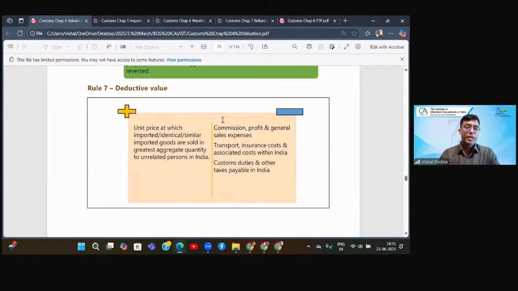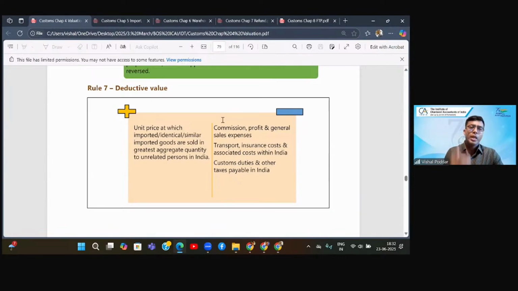Now 7 is the deductive method. When all the above methods fail, your transaction value is rejected because some condition is not satisfied. Identical not available, similar not available. Then what to do? This is no problem. Come back to my case. What I have exported to you, you have imported. Now see what you are doing after import.